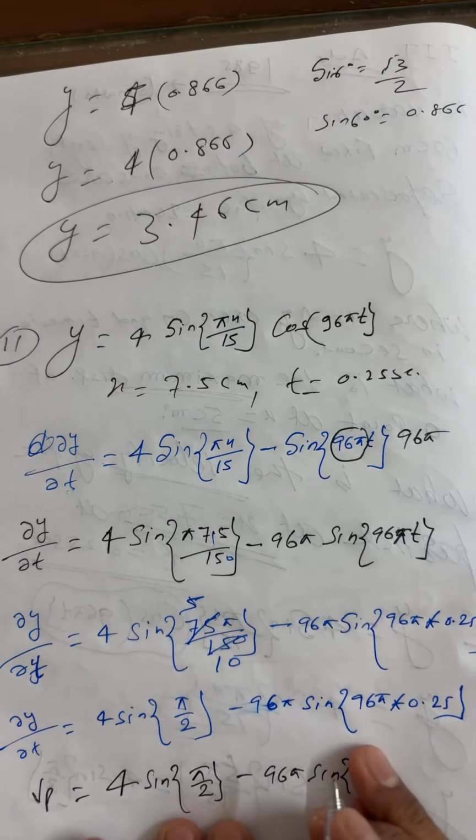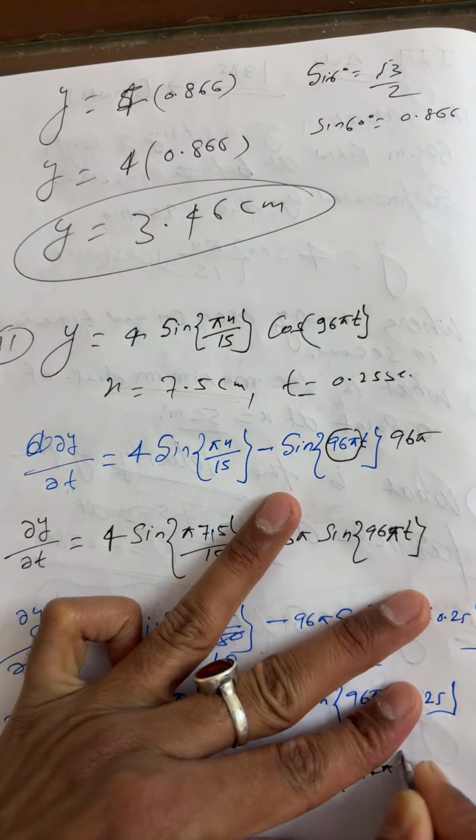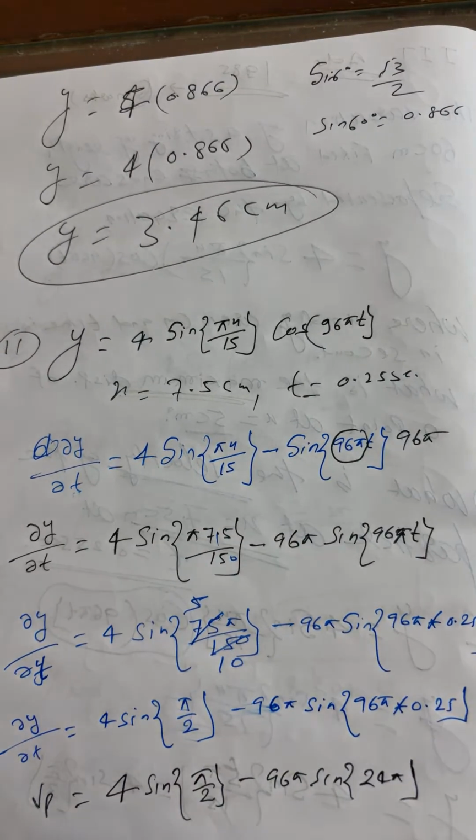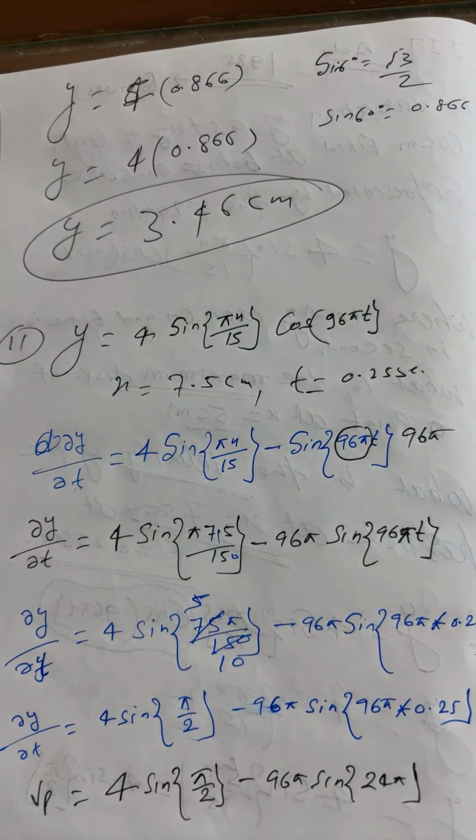So finally, you will get sine 24 pi. Right, students? Correct, very good.